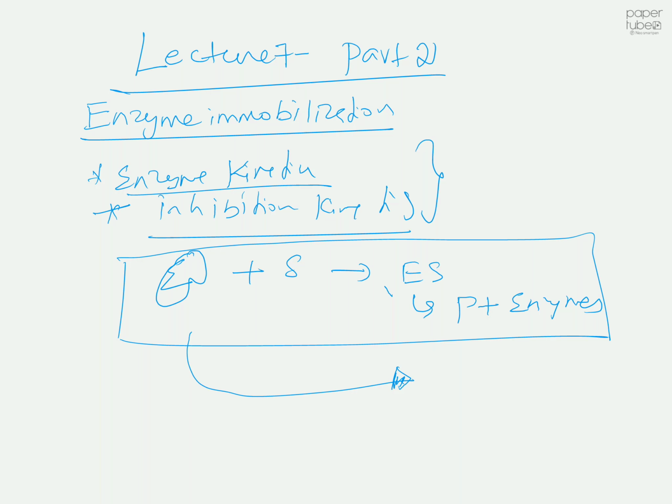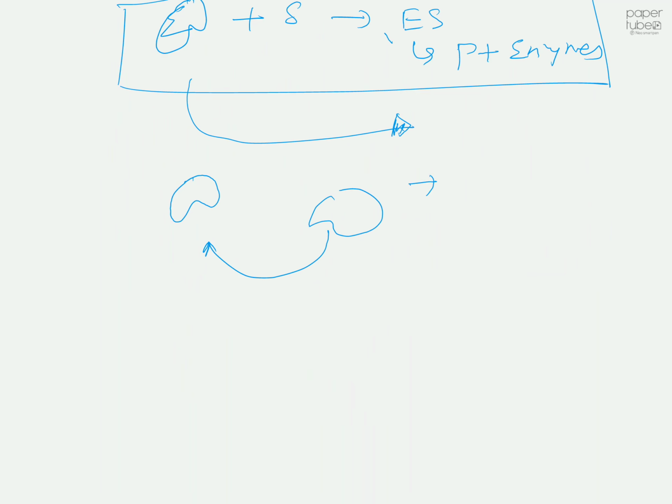We all assumed that enzymes are just dissolved in the water, and you also have some substrate dissolved in the water. They come together, they form some complex, which eventually gets converted into products, leaving your free enzyme back in the solution.